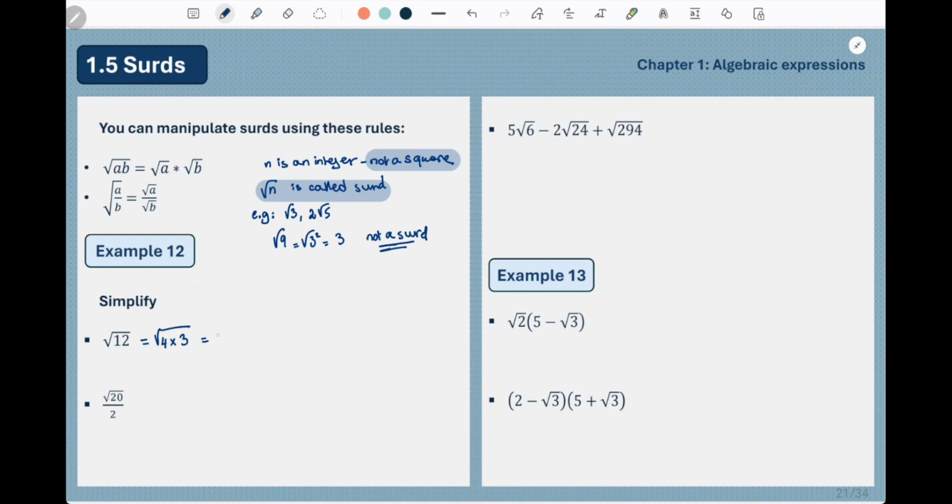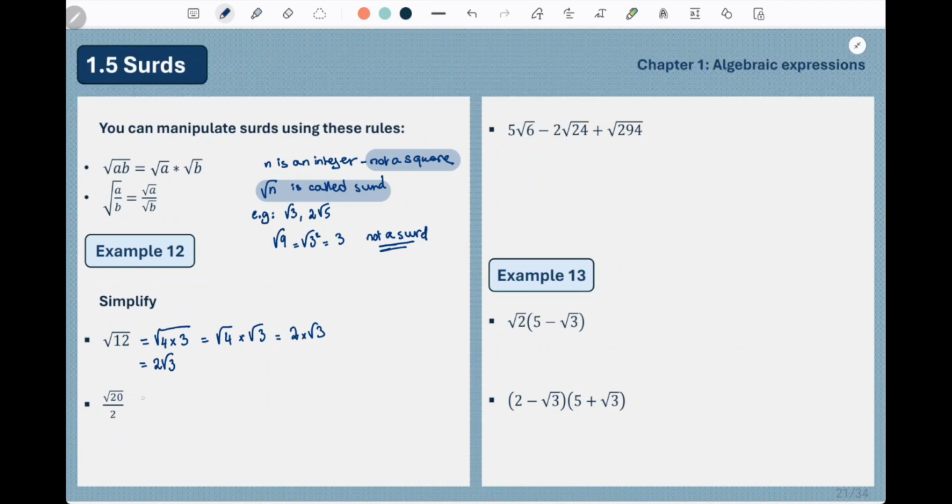And then using the first rule here, we can do this. And then simply square root of 4, because 4 is a square of 2. So it becomes 2 square root of 3. I'm going to simply write it this way, no need for the multiplication sign.